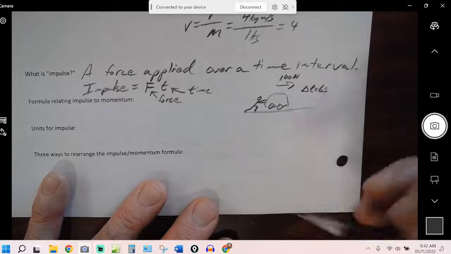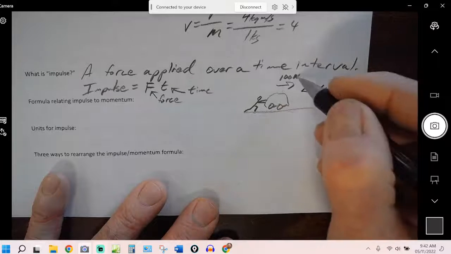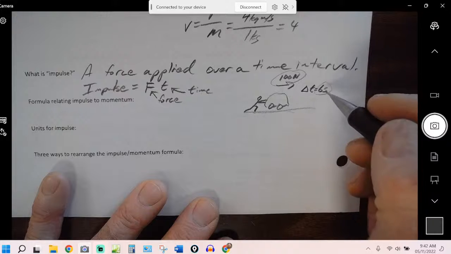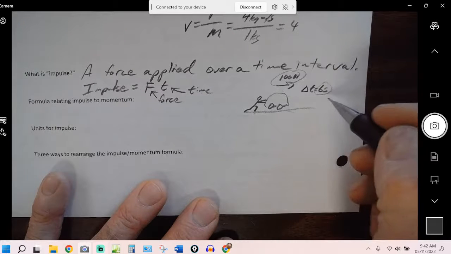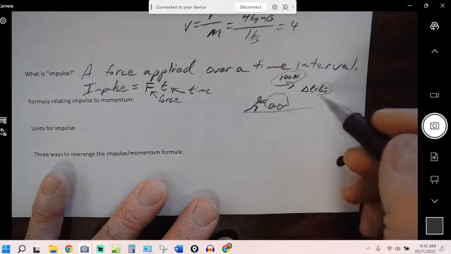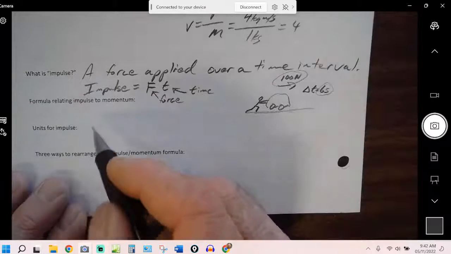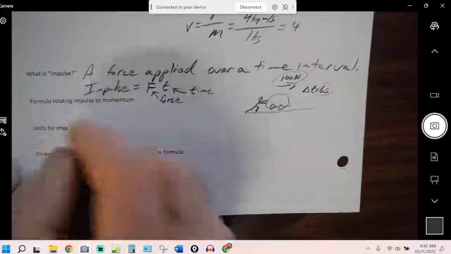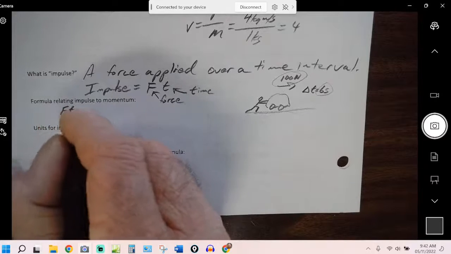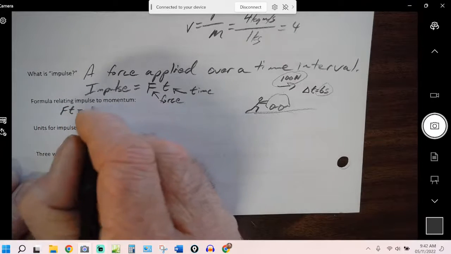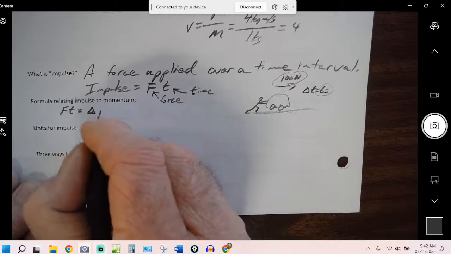And the important thing is, if you multiply 100 times 6, you get 600 Newton seconds, the 600 is also how much momentum it's going to gain. So the formula relating impulse to momentum is impulse, Ft, equals the change in momentum.